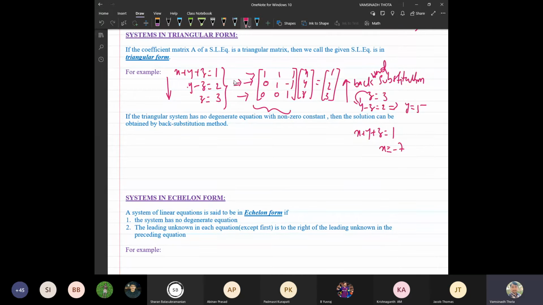Okay, right. But suppose, this is a note here actually.